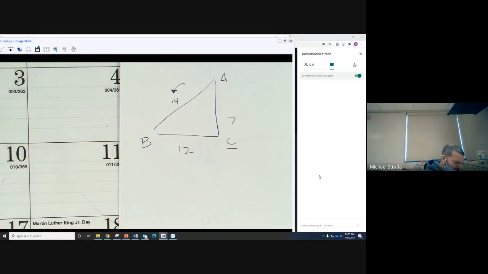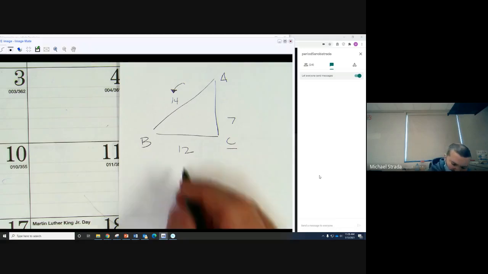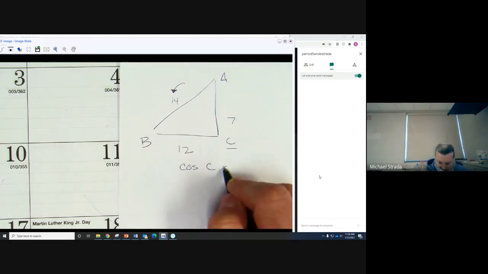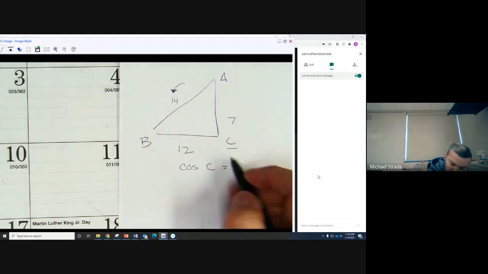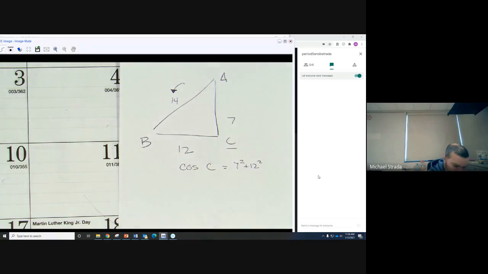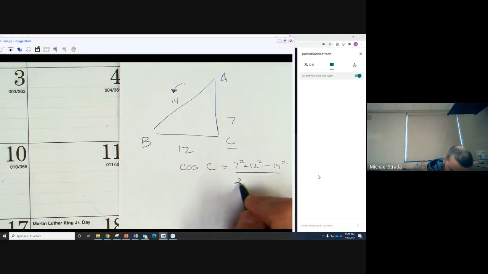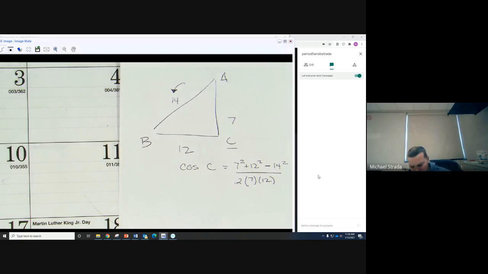All right. Recall from your law of cosines that the cosine of C is the two adjacent sides to C, so 7 squared plus 12 squared minus the opposite side, which is 14 squared, all over 2 times, and again, the sides of the angle, so 7 and 12.